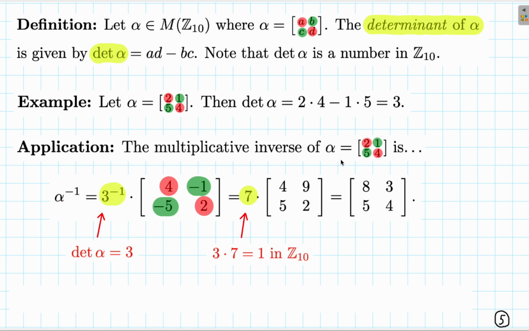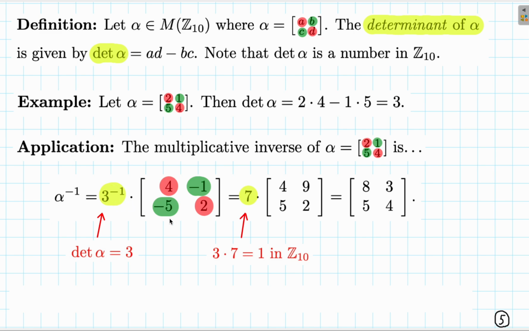And so let's take a look at our matrix 2, 1, 5, 4. What is its multiplicative inverse, which we'll denote using the notation alpha inverse? Well, it has multiple parts to it. First is that we take the multiplicative inverse of the determinant. Remember, we saw that the determinant was 3 for this matrix. So we take the multiplicative inverse of 3.